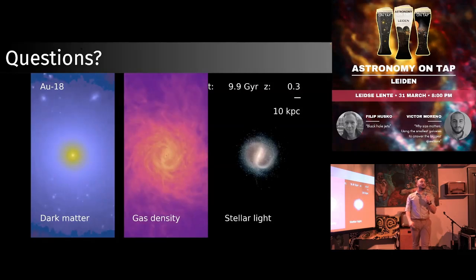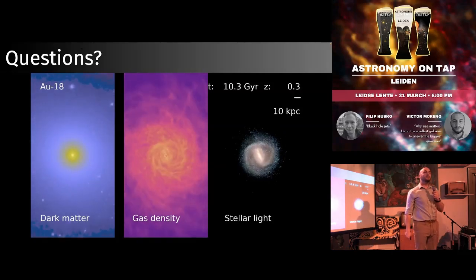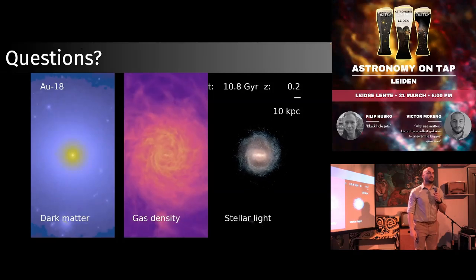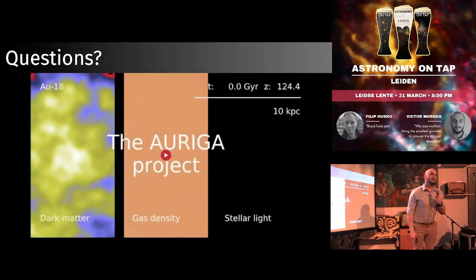You showed large-scale simulations of the universe. Do we have any idea where we are if we look at this type of structure? What type of environment are we living in? Yeah, that's a very interesting question. So the question was, for those that couldn't hear, whether in these simulations we could determine what sort of environment we're living in. And the answer is yes. Let me think about how to answer this.